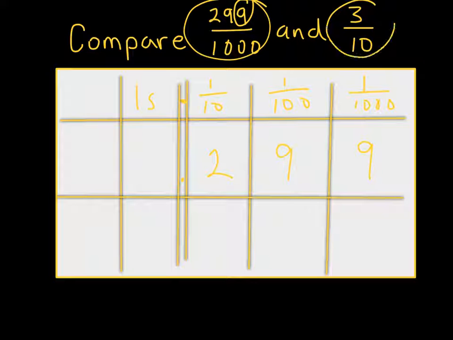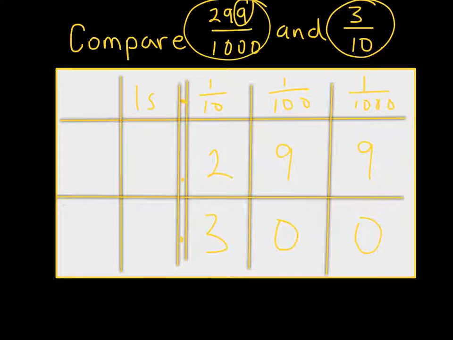And our next number is 3 tenths. This 3 is going to go in the tenths place, and that's the only digit I have. And I could fill in the zeros here just to make it a little easier to compare. And now I can see that 3 tenths is the same as 300 thousandths. It's just a teeny tiny bit more, 1/1000th more than 299 thousandths.